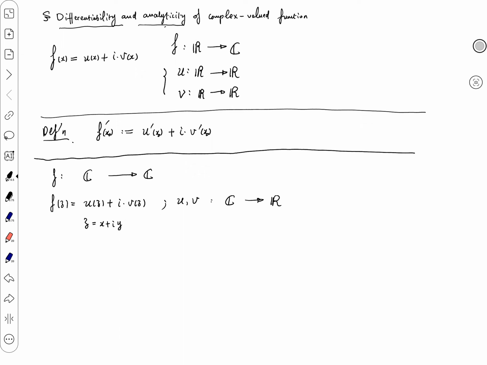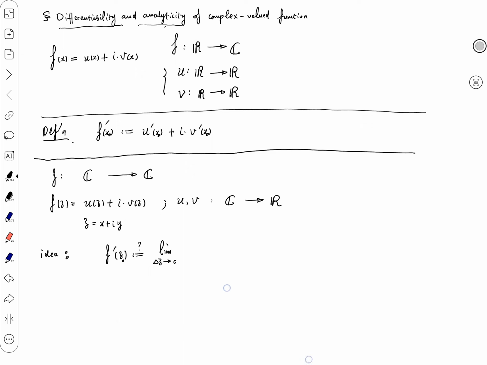One would firstly imagine that we just define this derivative to be the limit as delta z goes to 0.